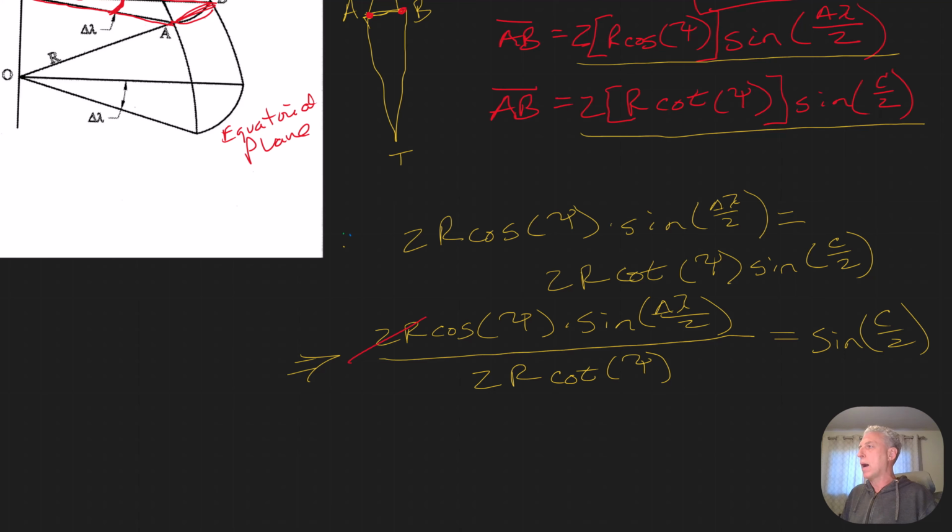Well, right off the bat, we can simplify this, right? 2r goes away. They cancel out. And we take the arc sine of both sides.